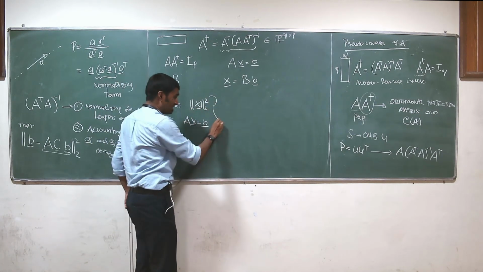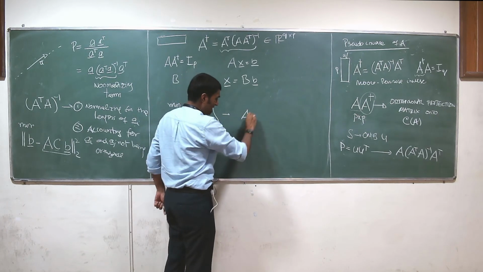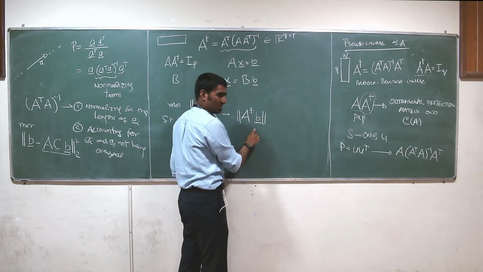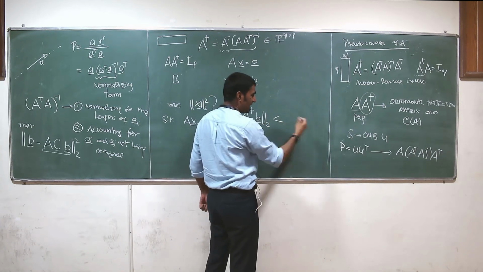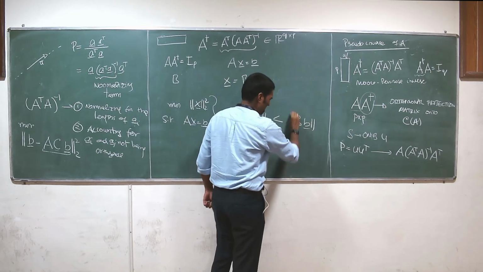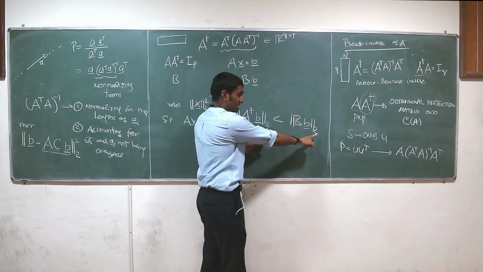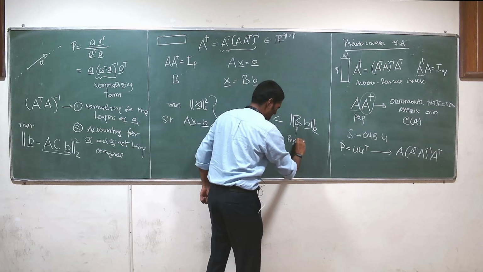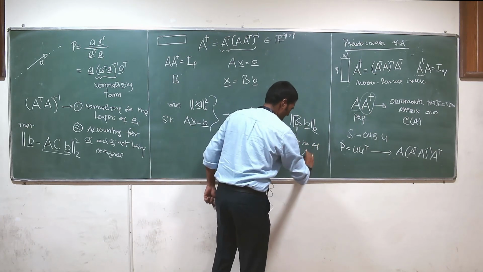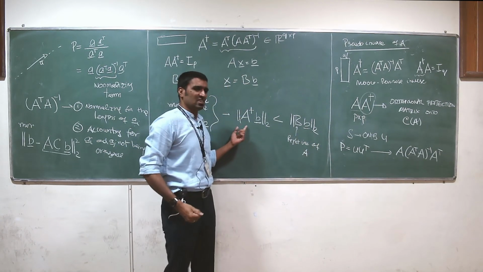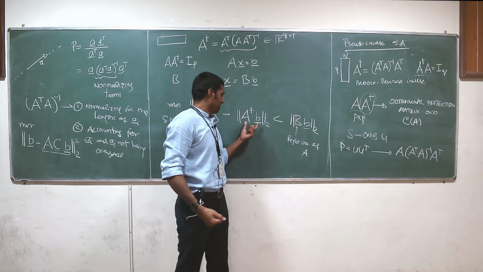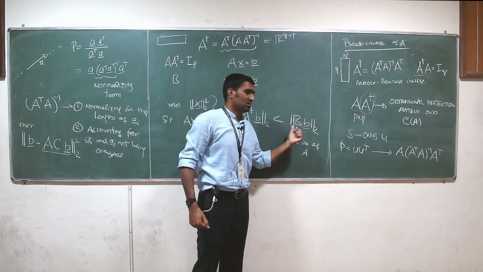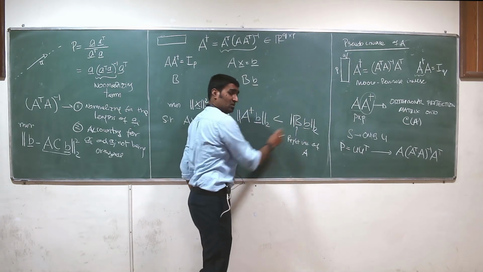If you solve this problem, what you get is your A dagger, and if you do A dagger B, the length of this vector will be less than any other possible solution where the matrix is a right inverse of A. A dagger is just a special right inverse such that A dagger B has the lowest length of any other right inverse multiplied by B, in terms of the two norm.